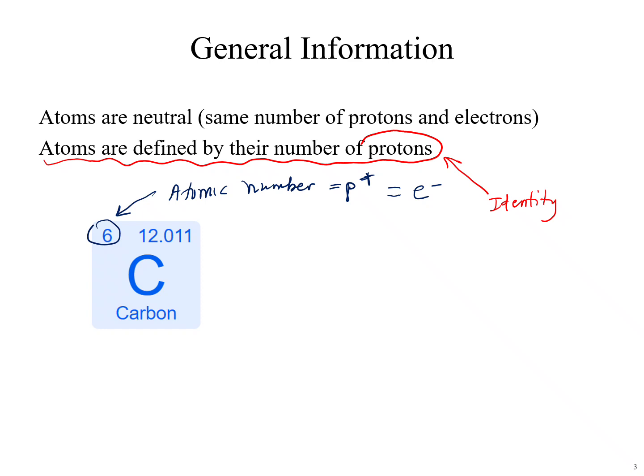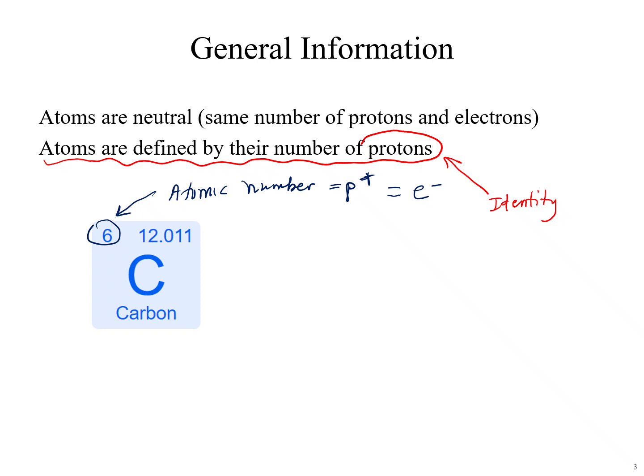So each element has a specific atomic number, which is telling you the number of protons. So we don't have atoms of different elements with the same number of protons, right? We have all atoms of hydrogen with 1 proton. That's the atomic number for hydrogen. All atoms of nitrogen with 7 protons, because that's the atomic number for nitrogen.